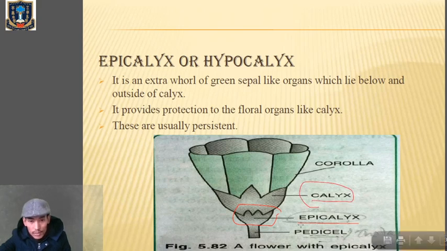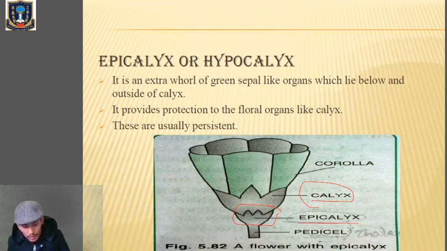This epicalyx will protect the floral organs, even the calyx also, and it is usually persistent. It occurs in some members of the family Rosaceae, like strawberry, and in most members of the family Malvaceae. It provides protection to the floral organs and also to the calyx, and is usually persistent. Clear? So remember, epicalyx means the extra whorl which lies just below the calyx.